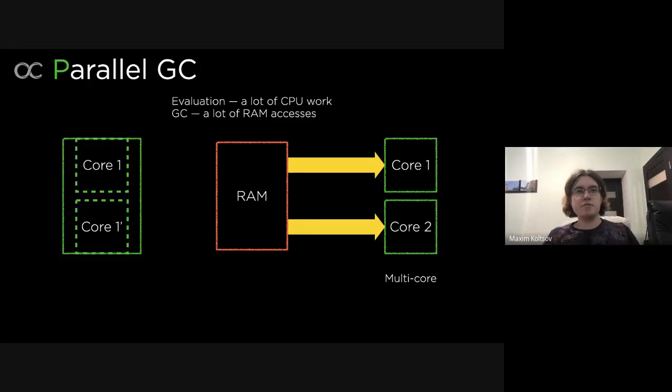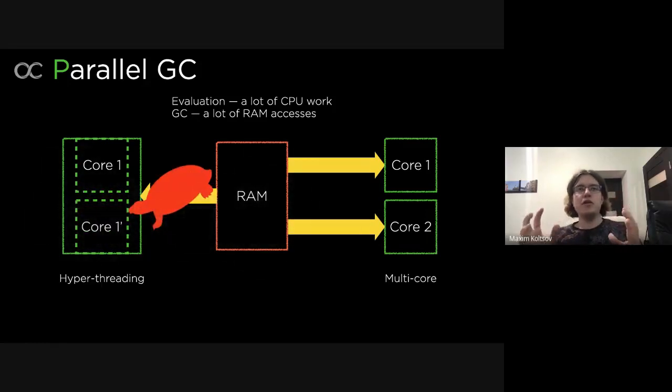And hyperthreading is like two virtual CPU cores in one. And the major difference is that these two cores have only a single channel to memory. And of course, Haskell does not know this. And if it will run two GHC threads on these virtual CPU cores, it will be too slow because they will compete for the same channel to memory.